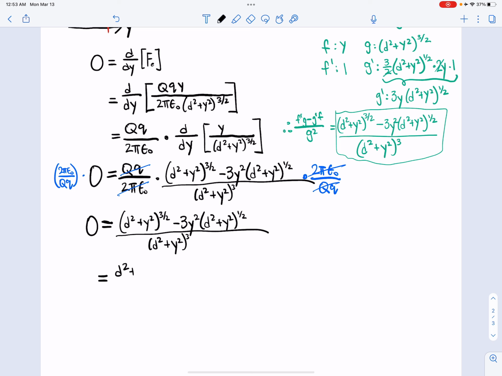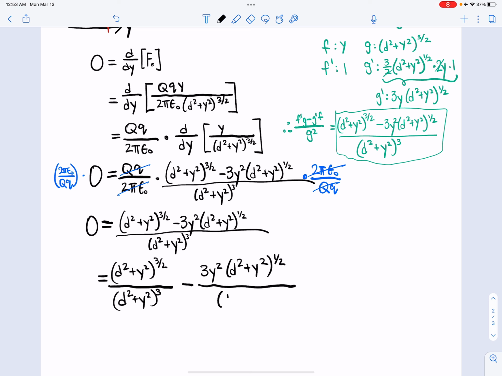So d squared plus y squared to the power of 3 halves over d squared plus y squared to the power of 3, minus 3y squared times d squared plus y squared to the power of 1 half, and divide that by d squared plus y squared to the power of 3, right? I just separated them into 2 terms, meaning this numerator with this denominator subtracted by this numerator and this denominator, right? Okay, so we're still good.